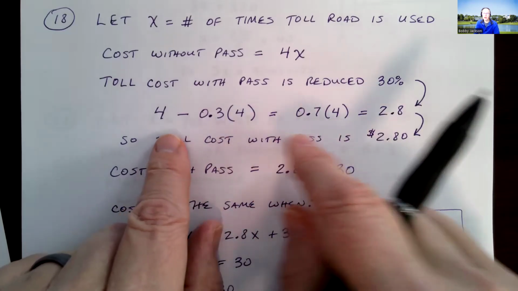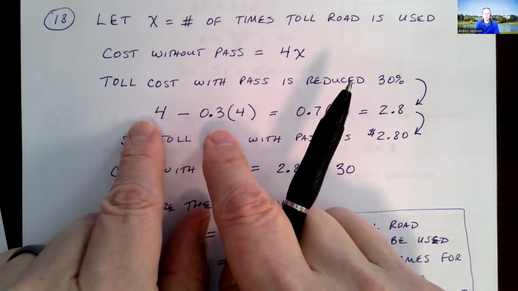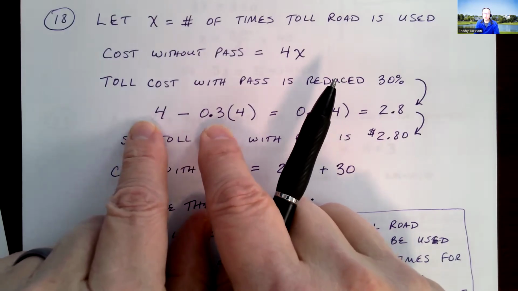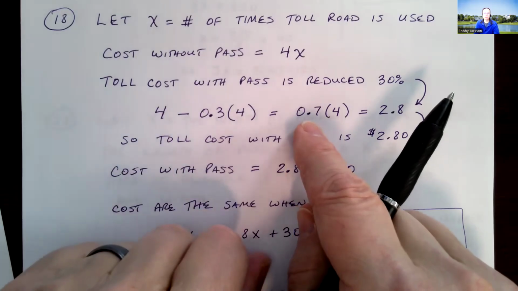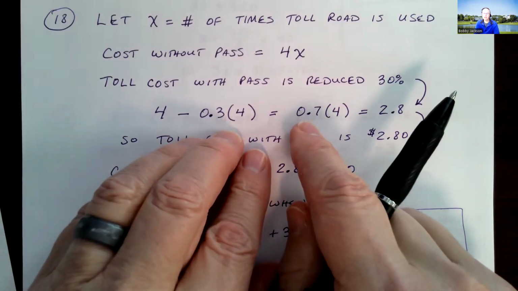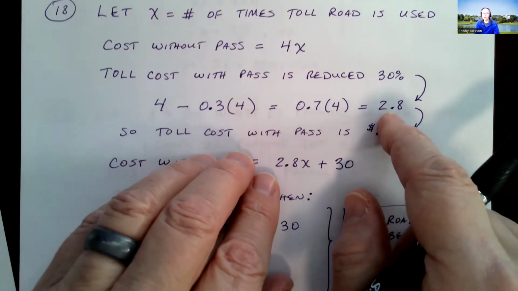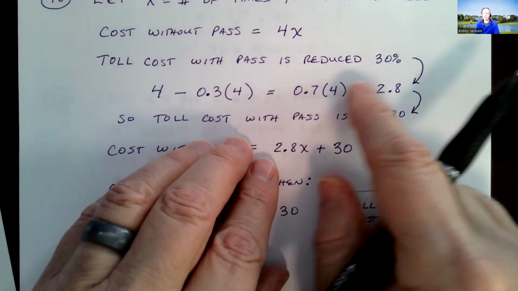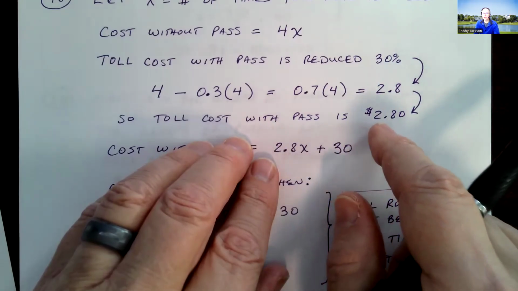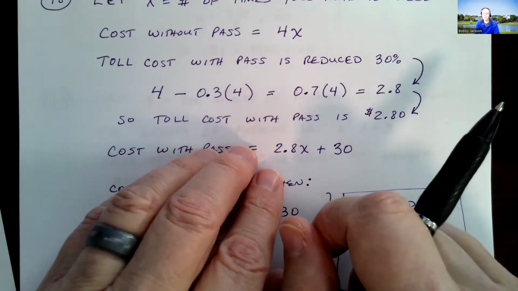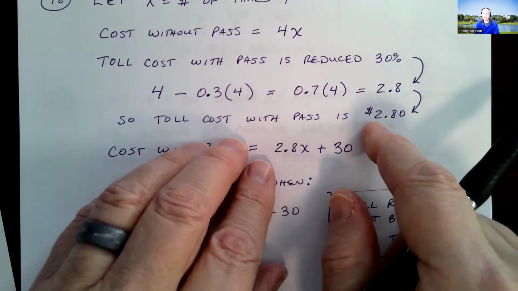So you can do that and get 2.8, or just realize 100% of $4 minus 30% of $4 is 70% of $4. And 70% or 0.7 times 4 is also 2.8. So I hope you understand a reduction of 30% is going to be $2.80. Okay. So that is the reduced price.